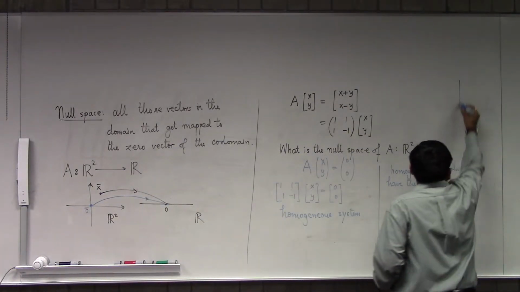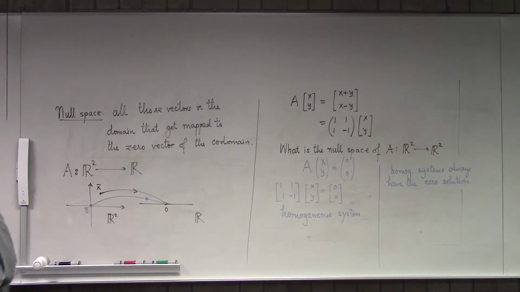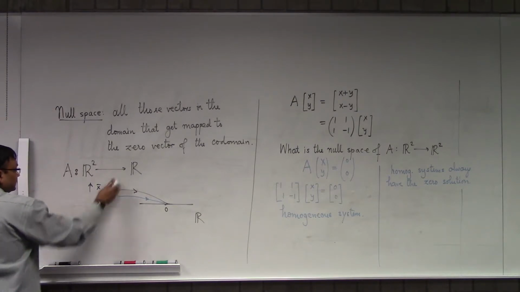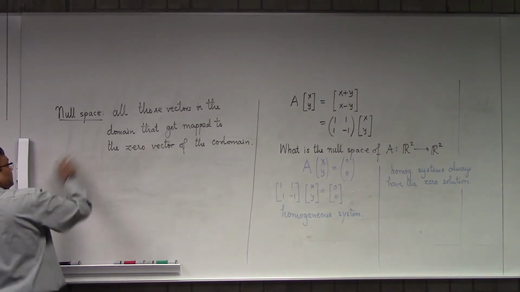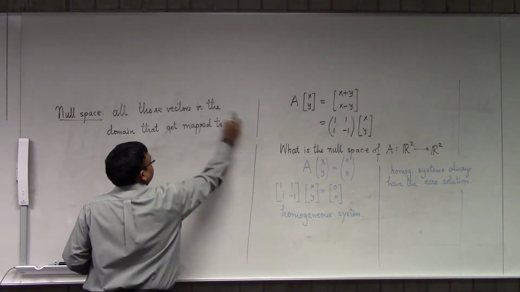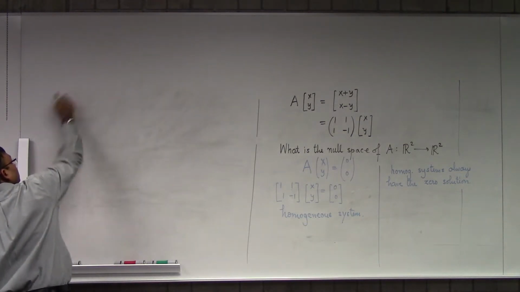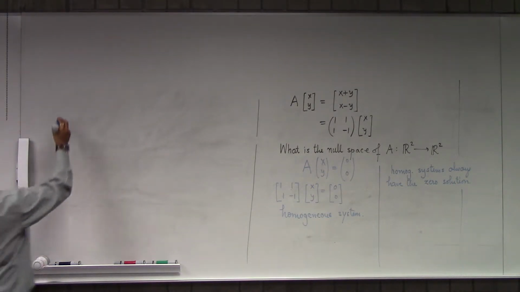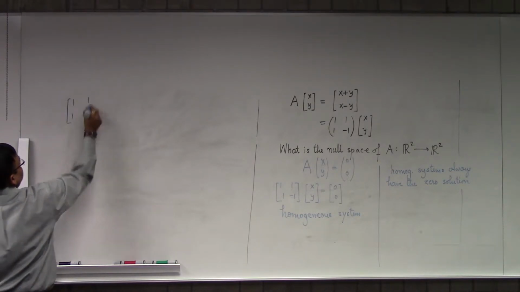Okay. So let's try to solve our example first and see how it gives us the answer. Let us say we solve this system of homogeneous equations. We go to our old method, Gaussian elimination.